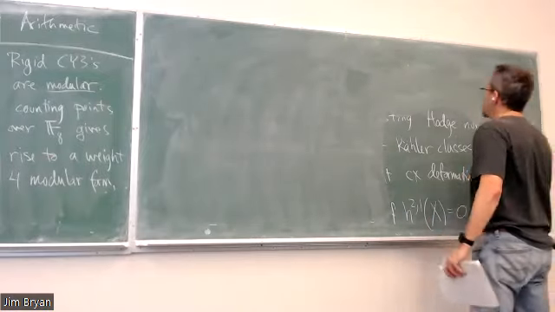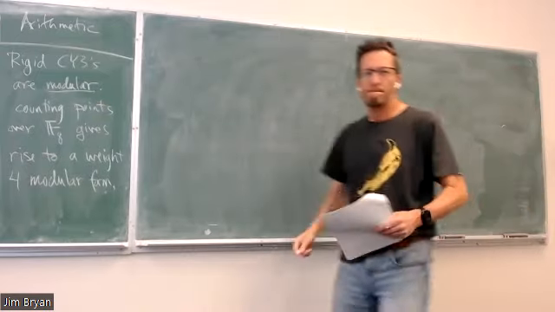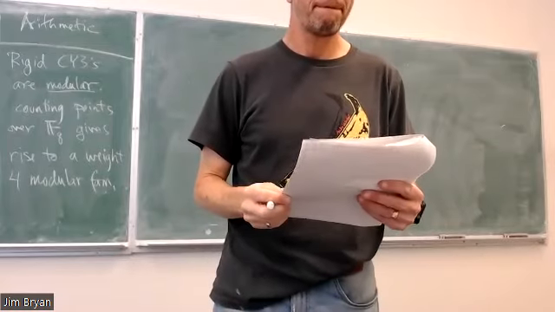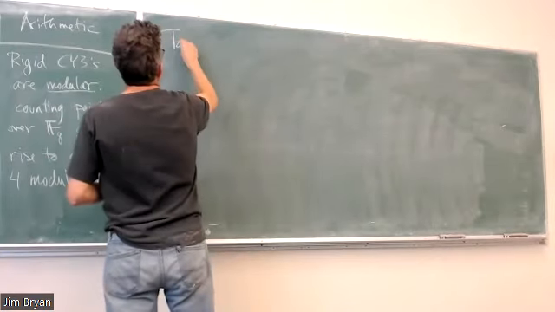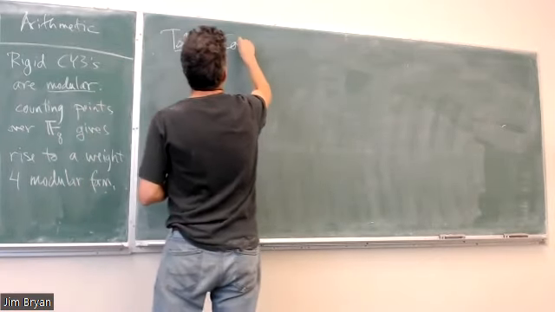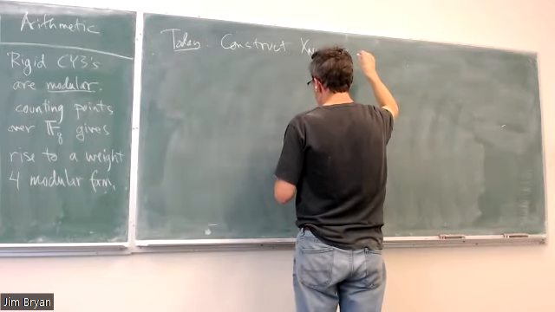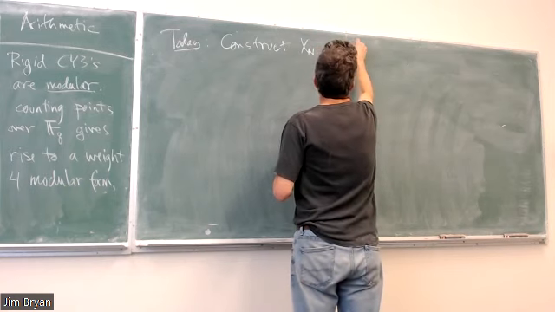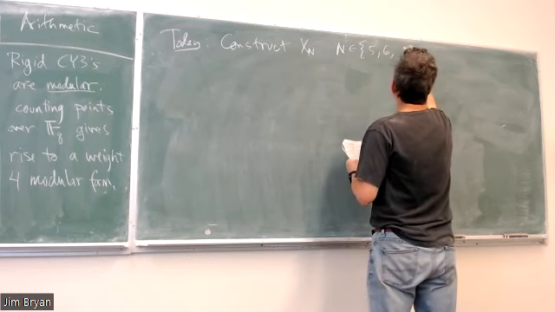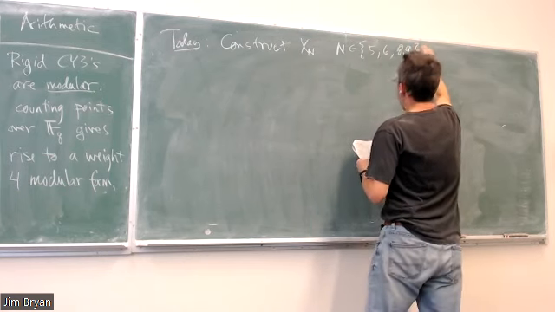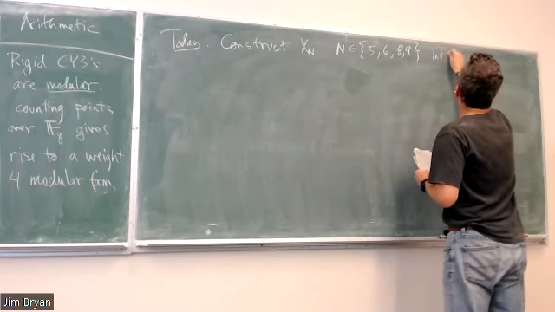Okay, so today I'm going to construct X_n. There are going to be 4 examples, and n is going to be one of the numbers 5, 6, 8, or 9. So again, interesting from all 3 points of view.